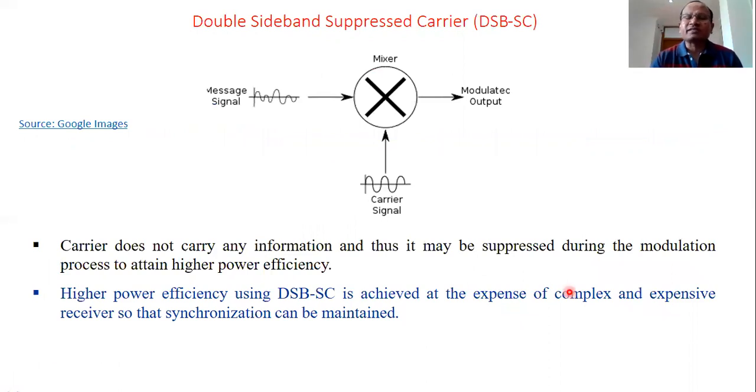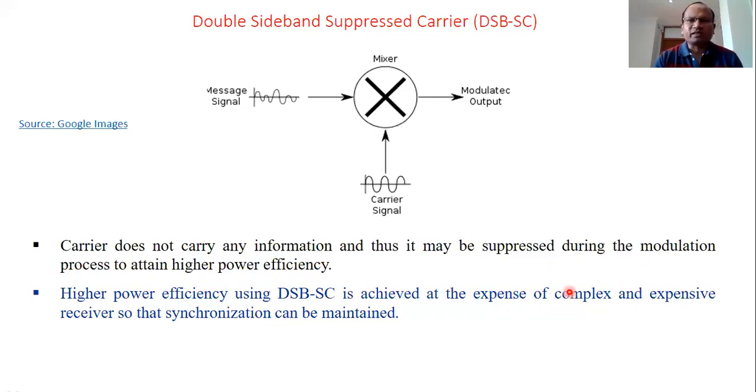Now we are interested in getting DSB-SC. As we know, double sideband full carrier is a complete AM signal. When we say AM signal, that is amplitude modulated signal, which by default means double sideband with full carrier.